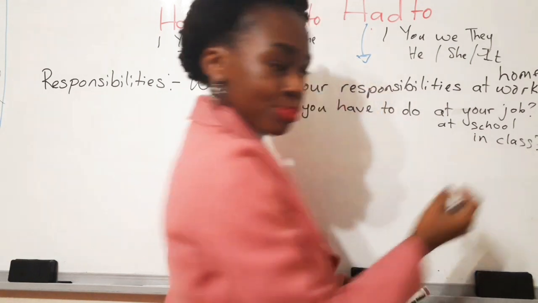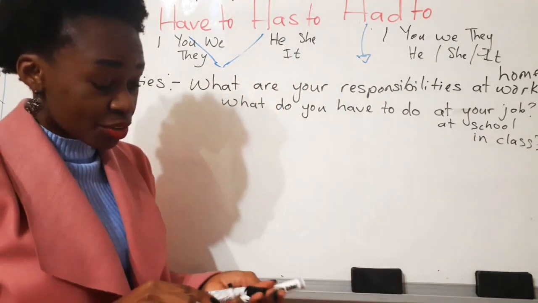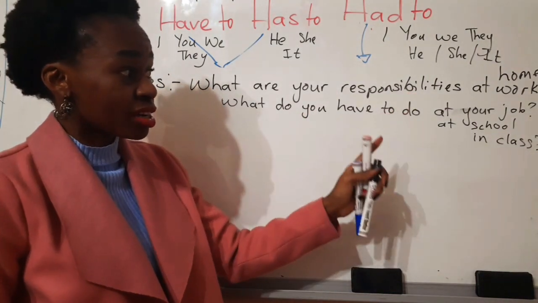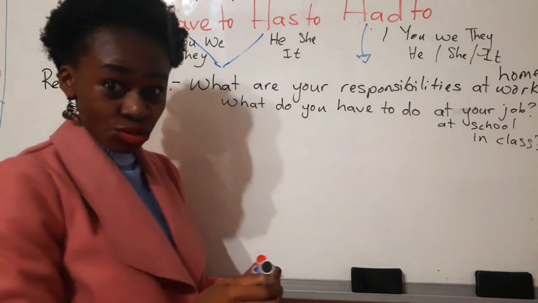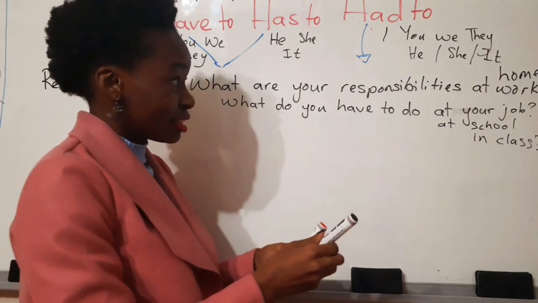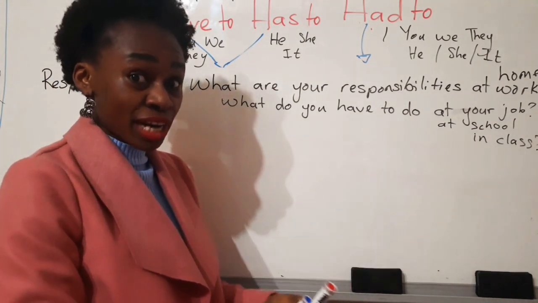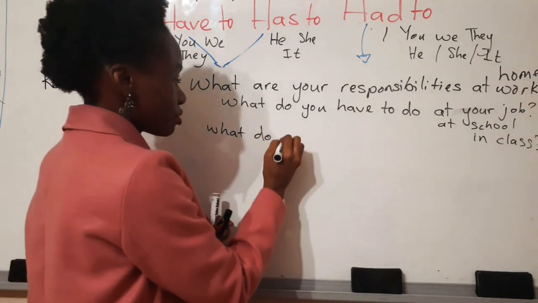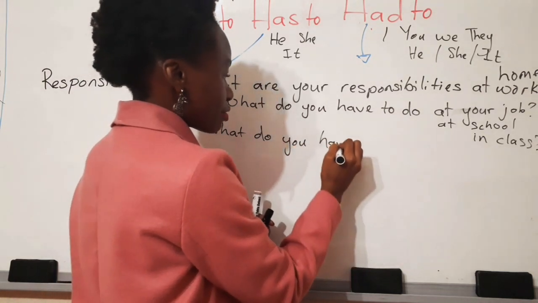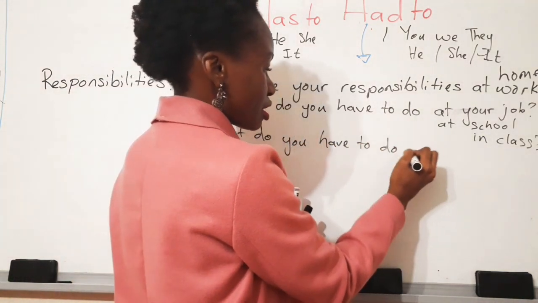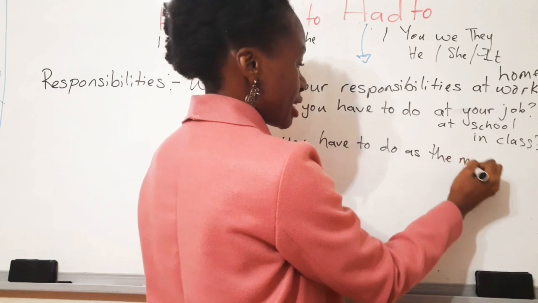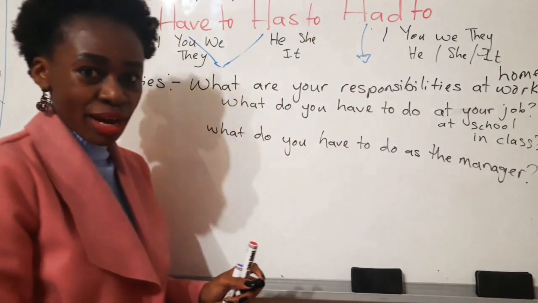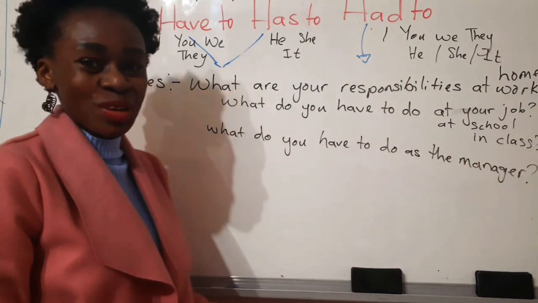So for practice for this topic, write in your notebook what you have to do at home, at work, at school, what you have to do as the manager of your company. What do you have to do as the manager of your company, as the teacher?